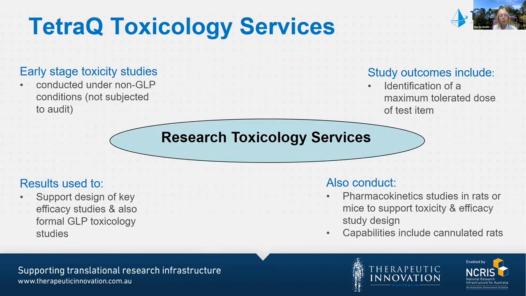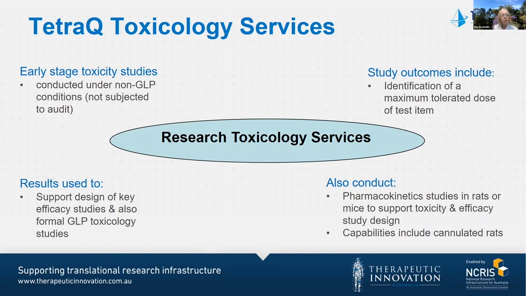So the research toxicology services are early stage toxicity studies conducted under non-GLP conditions. And what we mean by that is the work is done to the same standard as GLP studies, but not subjected to audit. And study outcomes include identification of the maximum tolerated dose of the test item.